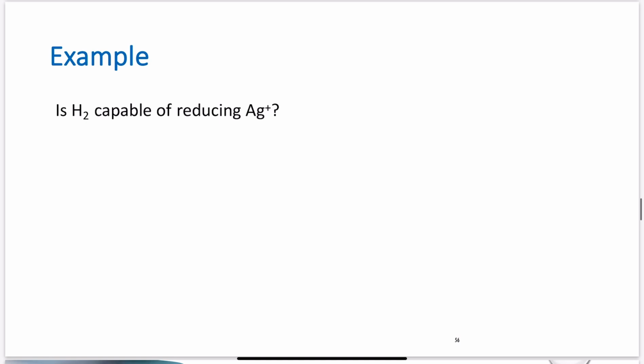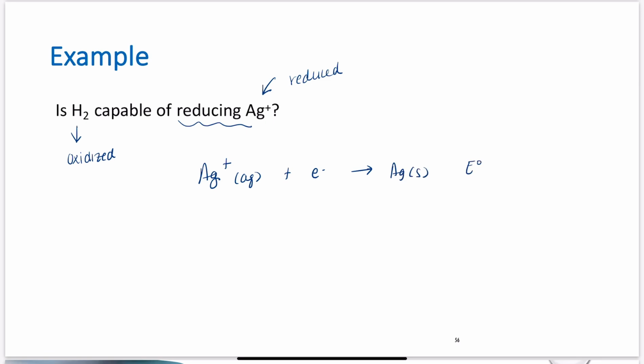One more example, is H2 capable of reducing silver plus? If H2 is reducing silver, that means that this is oxidized and this is reduced. So silver plus gaining an electron, forming silver solid, has a potential of 0.80 volts.